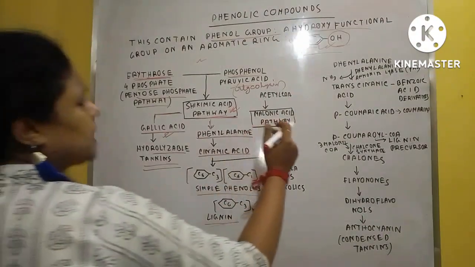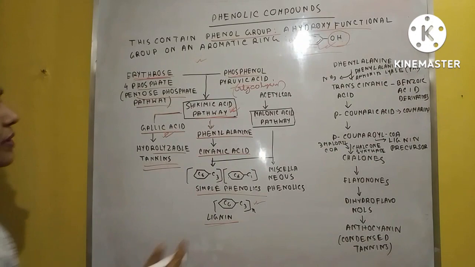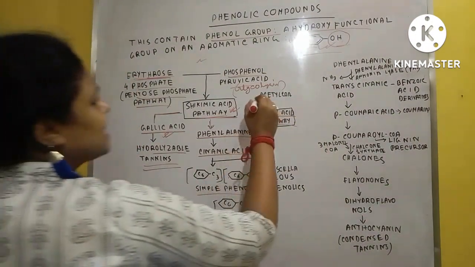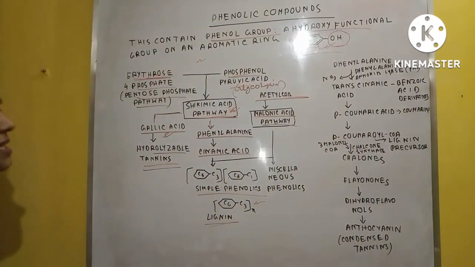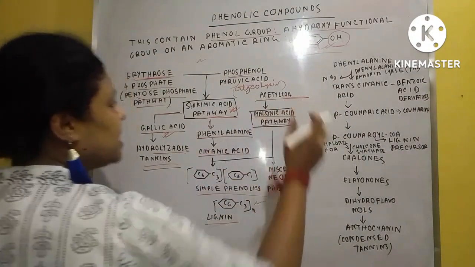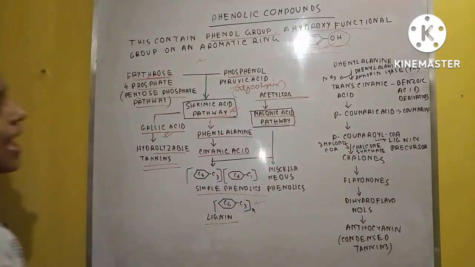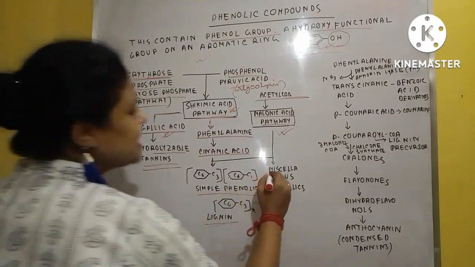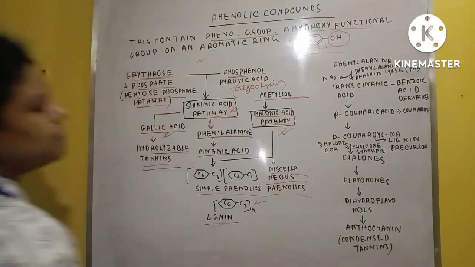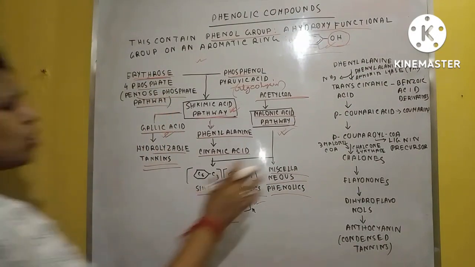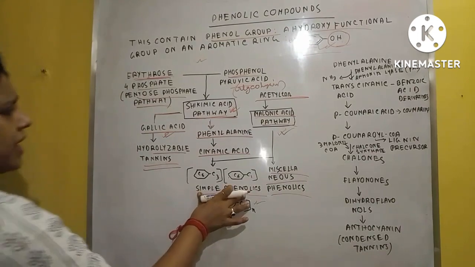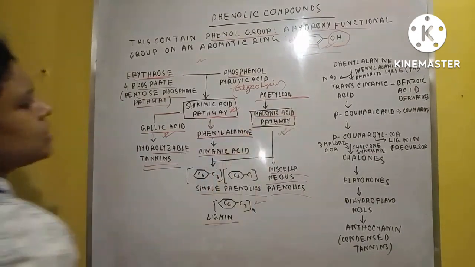And here is another pathway, the malonic acid pathway. Here, acetyl CoA forms malonic acid, which enters the malonic acid pathway, and then it forms miscellaneous phenolics. Not only miscellaneous phenolics, simple phenolics can also be formed in this malonic acid pathway.